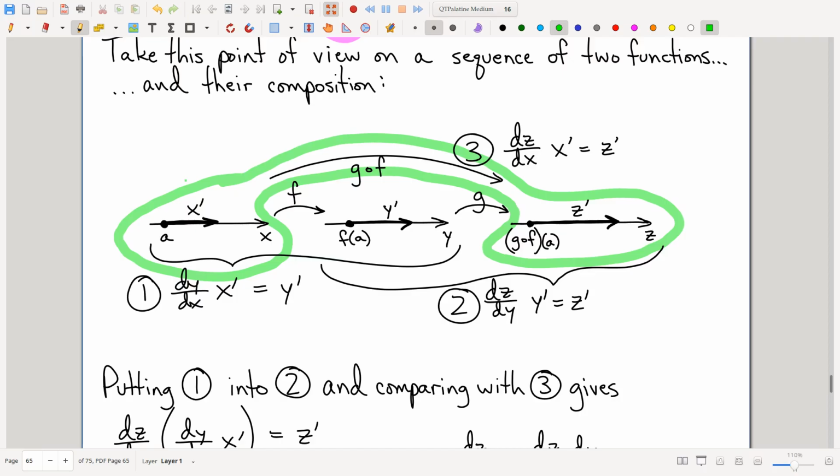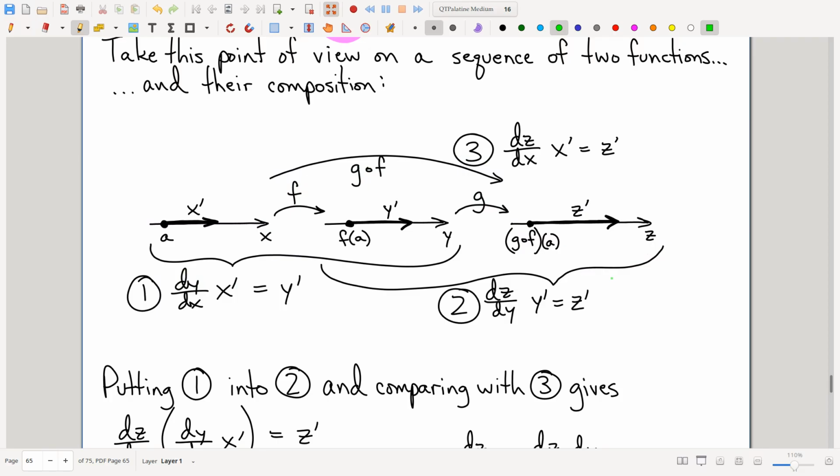So there are three single variable functions on the page here. And I'm going to just point out that there's a factor that I multiply by x prime to get y prime.